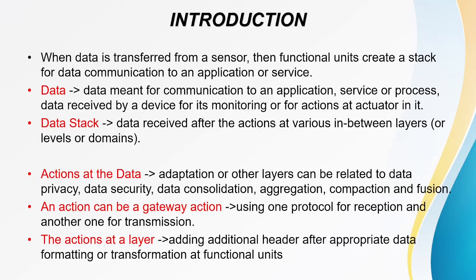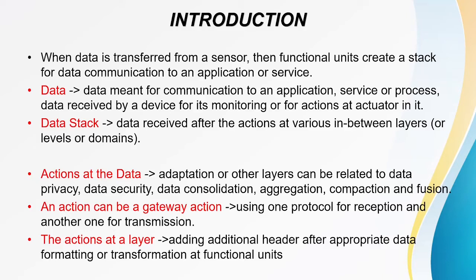Now, let us understand some of the actions that can be taken on the data. While coming to the action at the data, we have adaptation, or the other layers can be related to the data privacy. So, data security is there, data consolidation, aggregation, compaction, and fusion.